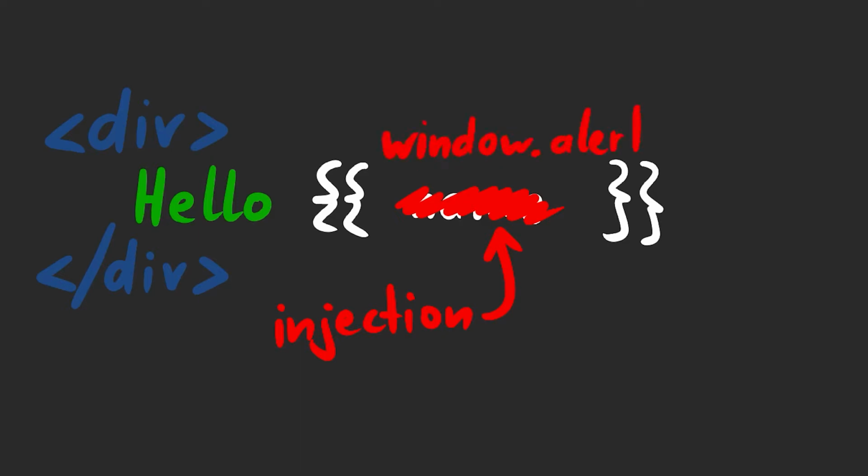However, alert is a function that is part of the window object. And the window object holds the most critical data an attacker might be interested in. For example, the local storage, which might contain session tokens, or the famous window.document.cookie. This means executing alert can be an indication that your XSS finding has a high severity.